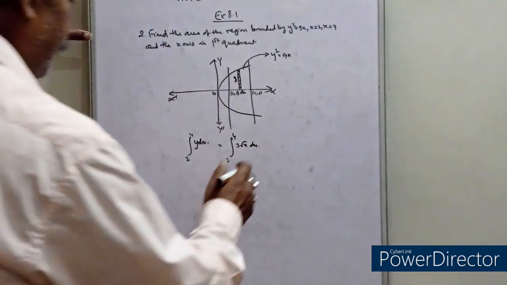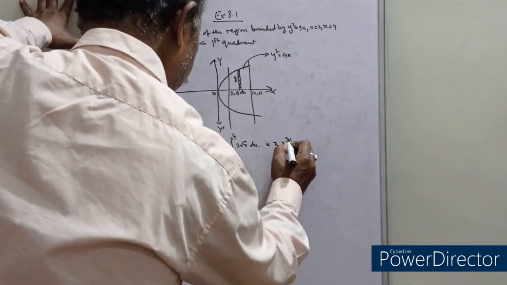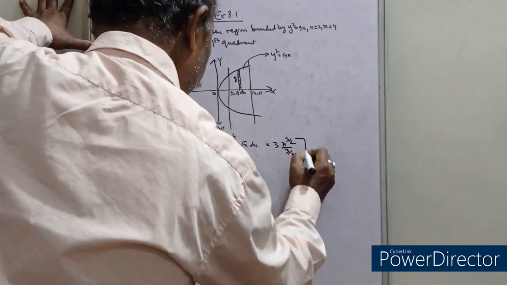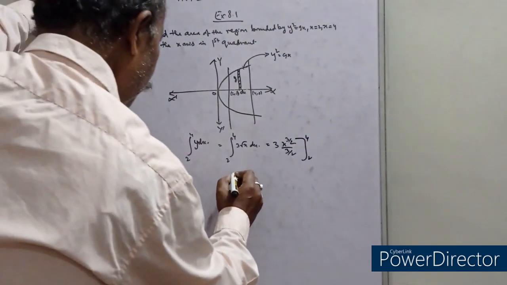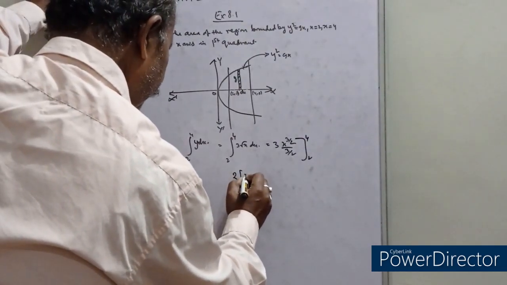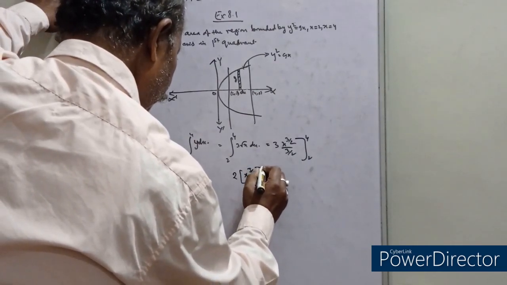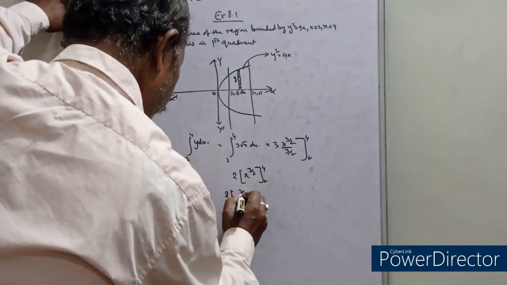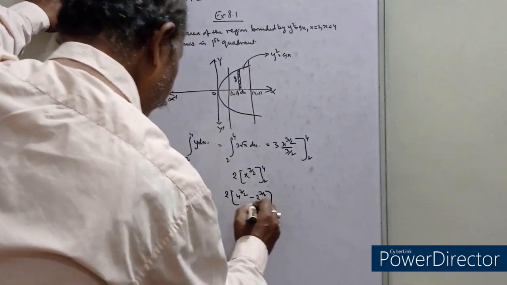So this will be again the same thing, that is 3 x to the power of 3 by 2 by 3 by 2, from 2 to 4. So 3 cancels out, leaving 2 times x to the power of 3 by 2, from 2 to 4. So this will be 2 times 4 to the power of 3 by 2 minus 2 to the power of 3 by 2.